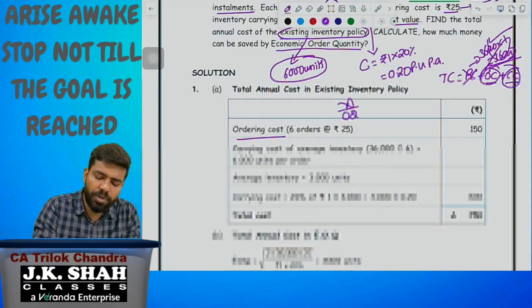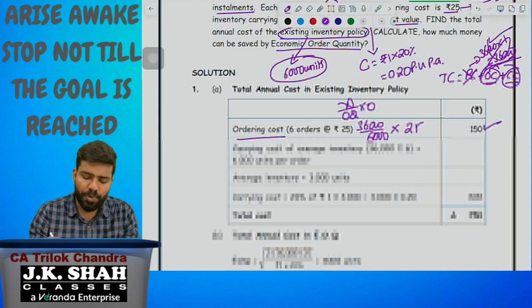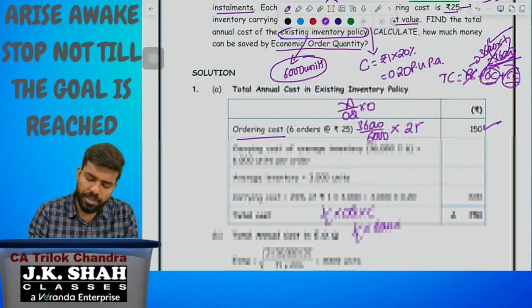A divided by OQ into O, that is 36,000 divided by 6,000 into 25. You will be getting 150. When it comes to carrying cost, half of OQ into C, that is half of 6,000 into 0.20. That is 3,000 into 0.20, 600. So if you make a total, 750.